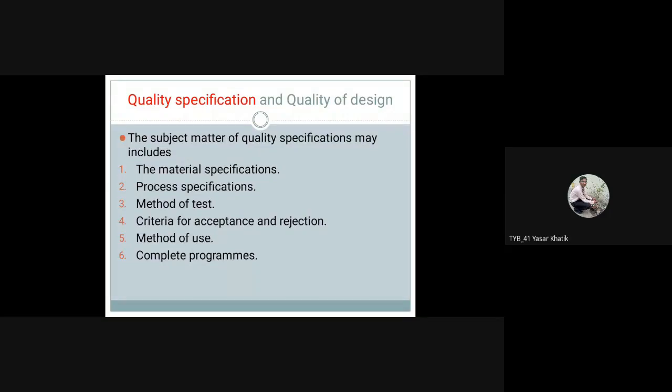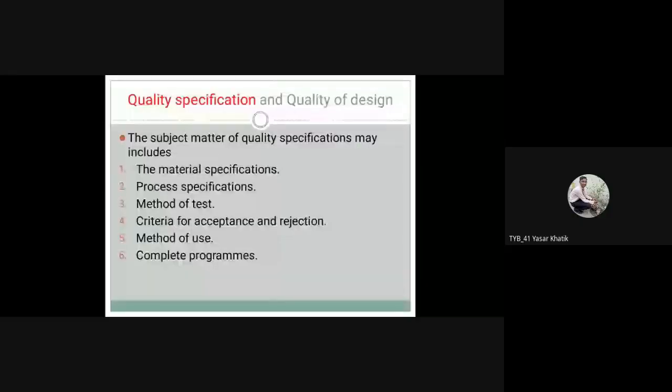Suppose we will go for the go and no-go gauge. One part is there, that is our product. Suppose I set the tolerance as plus and minus 5, and the dimension is 100. If the product has some 0.04, I will check with the go and no-go gauge and I will mark it as accepted because we have kept a plus and minus 5 tolerance.